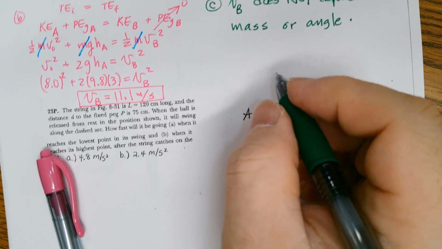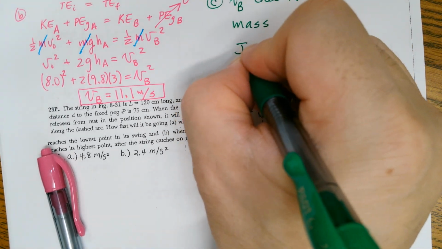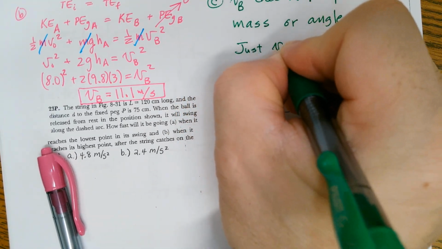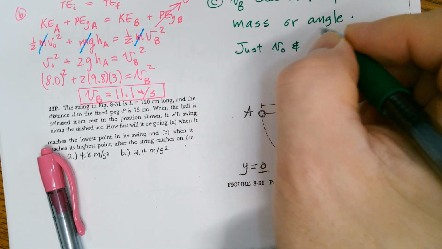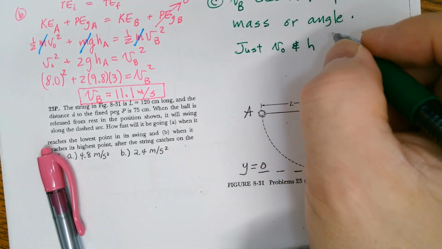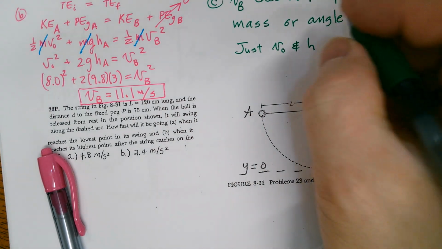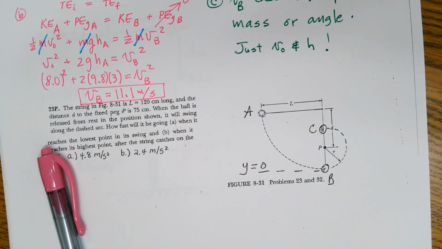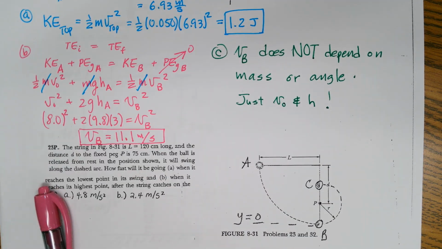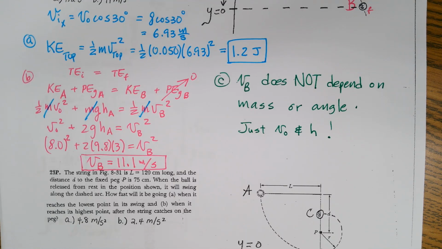Just v naught and h. And because kinetic energy is a scalar quantity, any energy is actually a scalar quantity, you don't need to have direction. As long as it has that speed, that's all you care about.